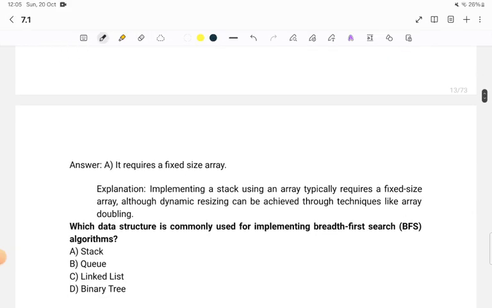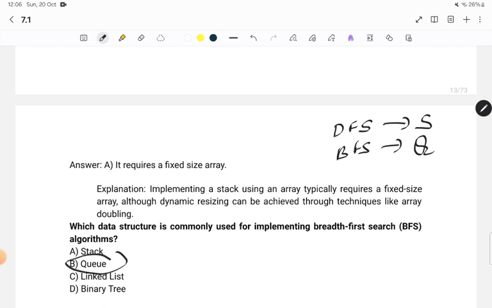Which data structure is commonly used to implement the breadth first search? Okay, so remember there are two algorithms here, depth first search, DFS, and breadth first search, BFS. For breadth first search we always need a queue here, and for depth first search we always require the stack here. So here queue is the correct answer.